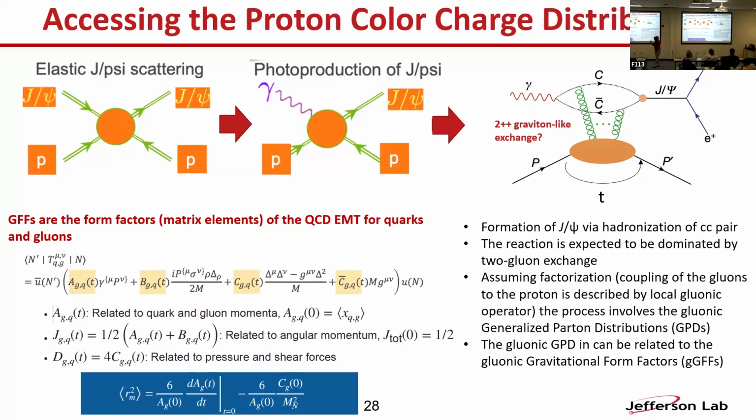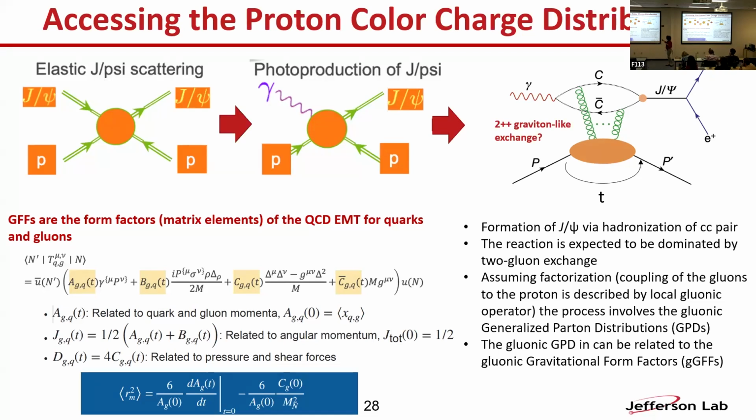But if I assume that a photon is a spin 1 particle, there is this vector dominance model in which the photon can be seen as oscillating into vector mesons. So I can, in a certain sense, think of this process in terms of a vector meson process, an elastic scattering of the J/psi.